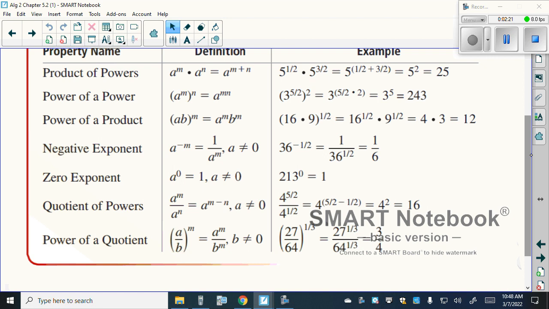Quotient of powers. Our quotient of powers is talking about if we have two like bases being divided by each other, we would subtract the exponents. And then our last one, power of a quotient.